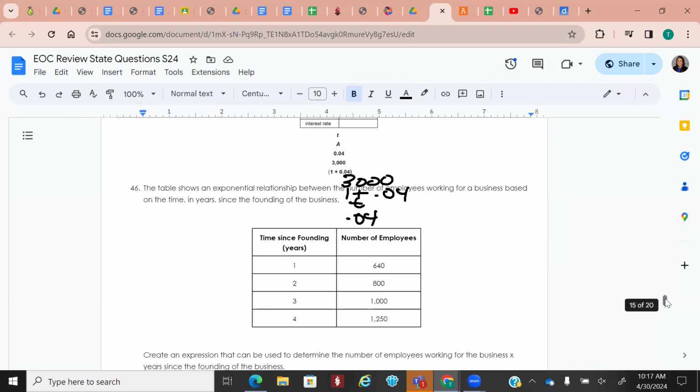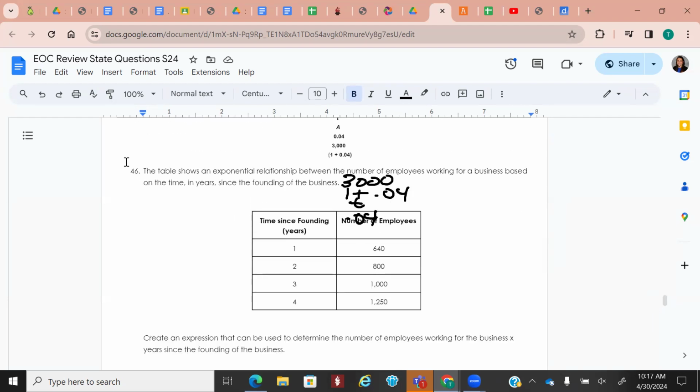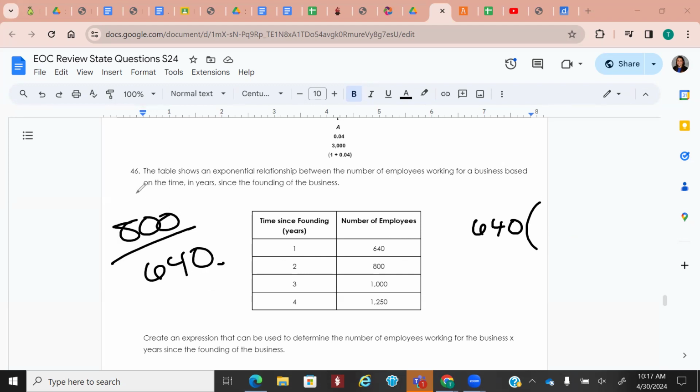On 46, create an expression that can be used to determine the number of employees working for the business. Okay. So we're going to take our initial, and then we got to find our rate. How do we find our rate from a table? Second divided by first. Somebody type that in their calculator. Tell me what you get. Raised to the x. Now, you always want to go back and check that your work actually worked out.